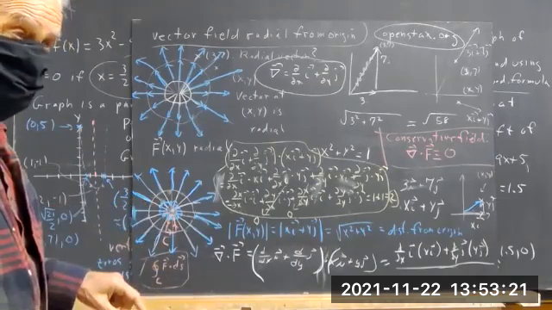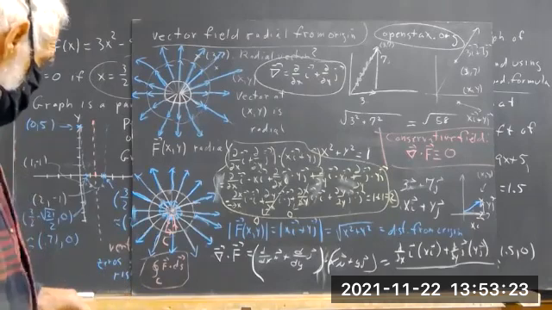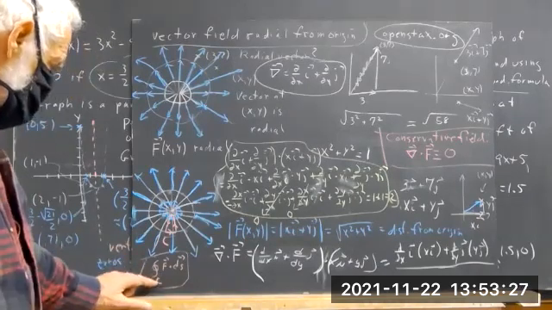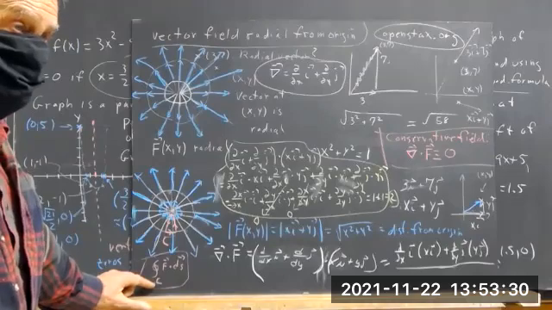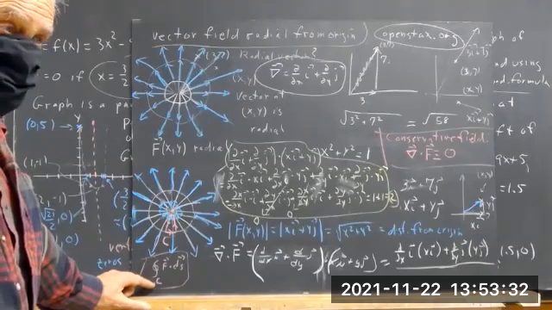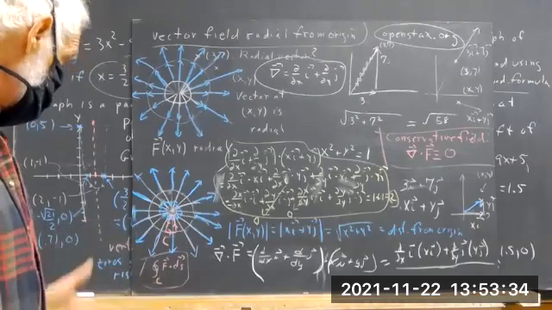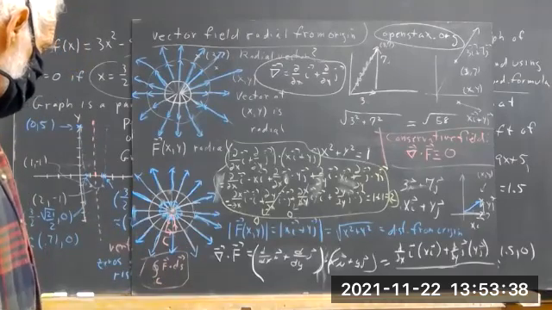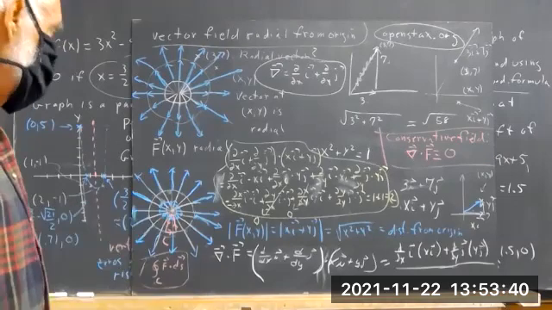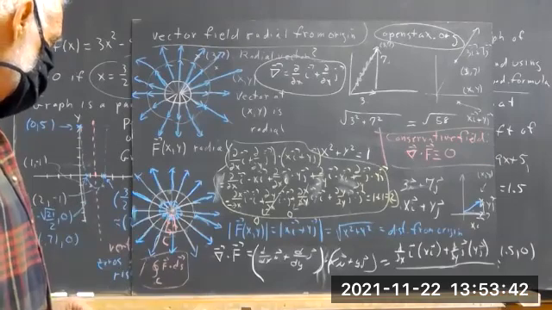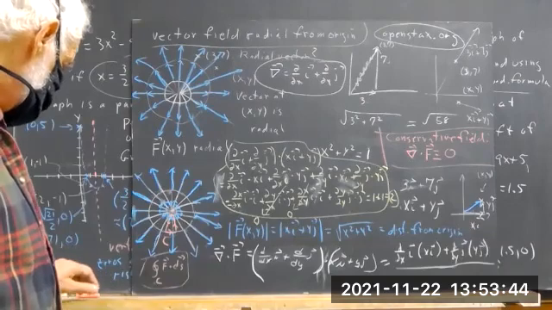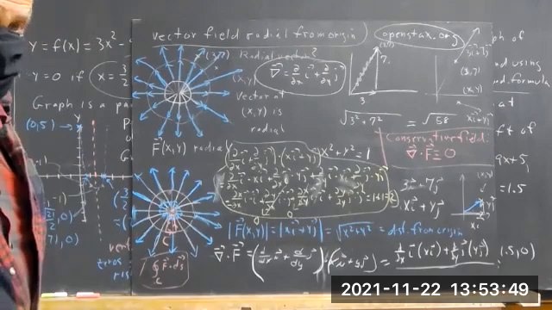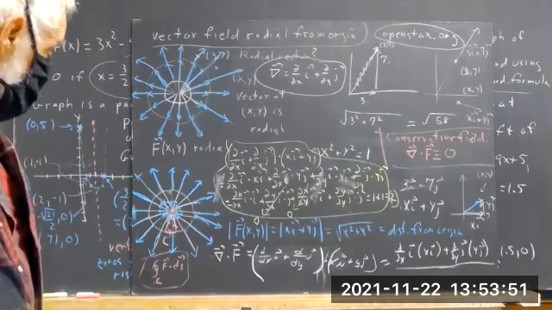So you're going to get 0, because your displacement vector goes that way. What about here and here? That's just a question. I'm going to set it up. Pretty straightforward.